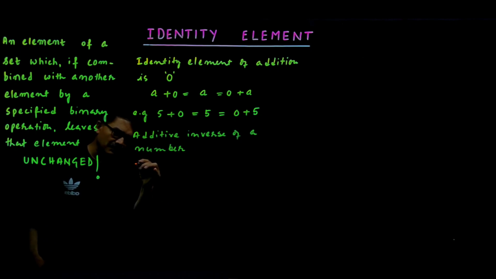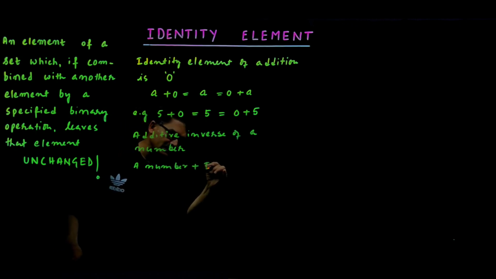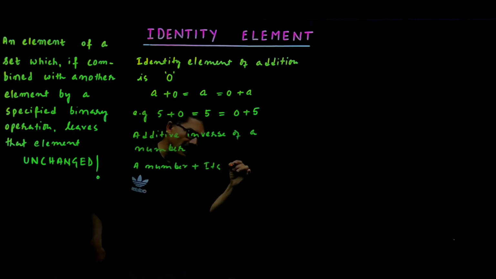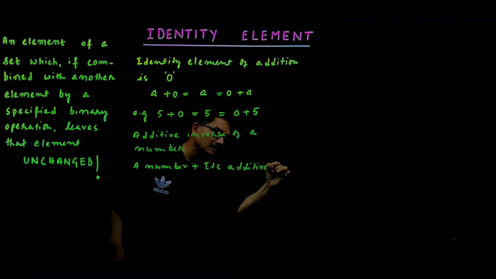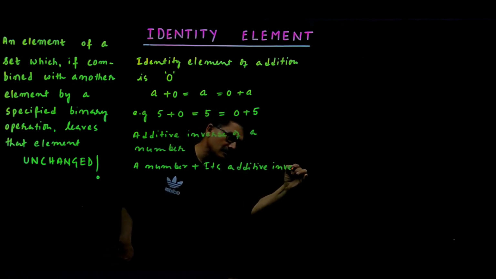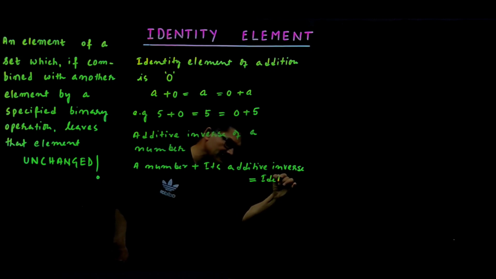If there is a number, and it is added to its additive inverse, the result is going to be the identity element.